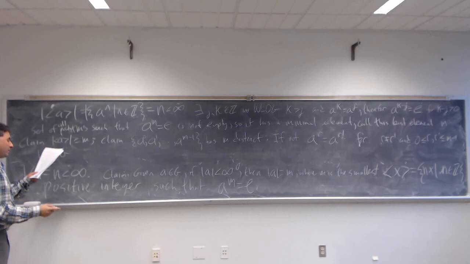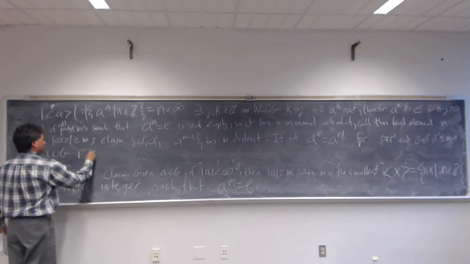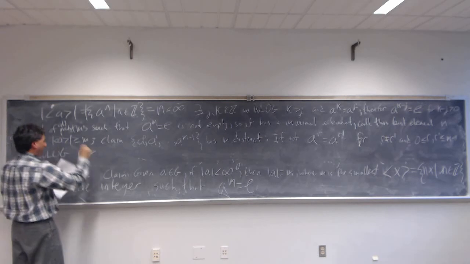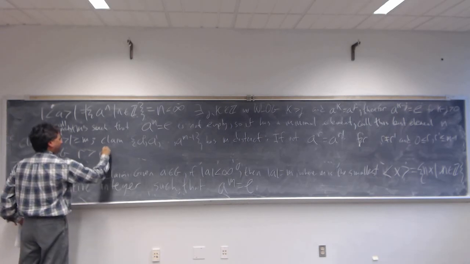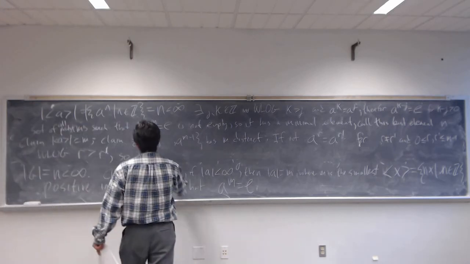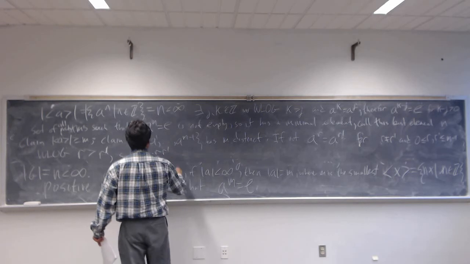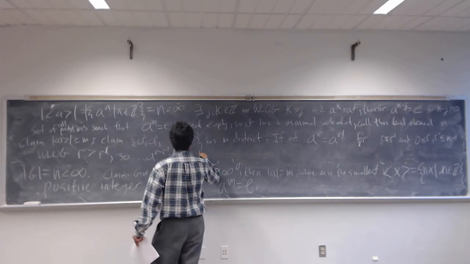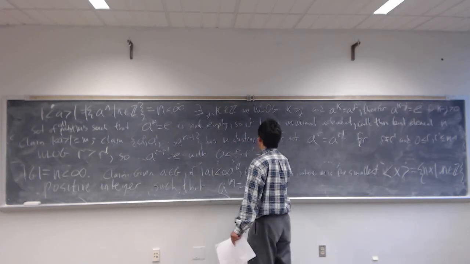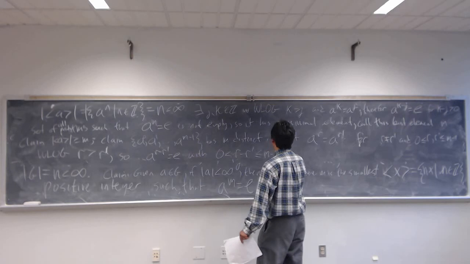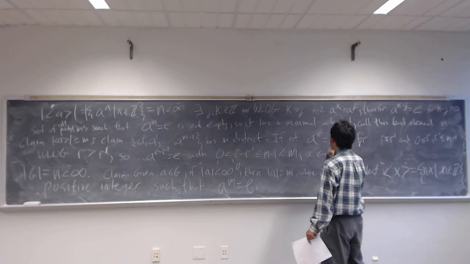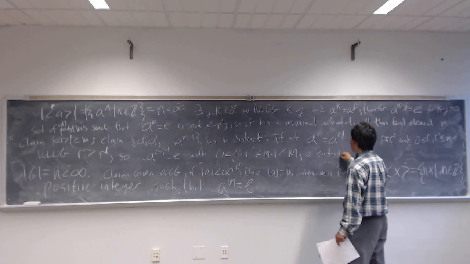Let's call the bigger one r, so r has to be bigger than r prime. And so, with a very similar argument to what we did before, a to the r minus r prime would have to equal the identity, with r minus r prime a positive number that is less than or equal to m minus 1, which is less than the minimum such positive number. So that's a contradiction, since m was the minimum positive number.